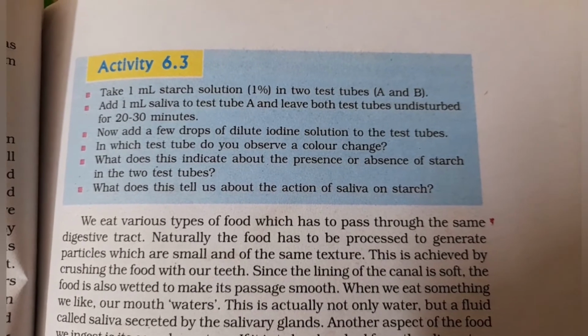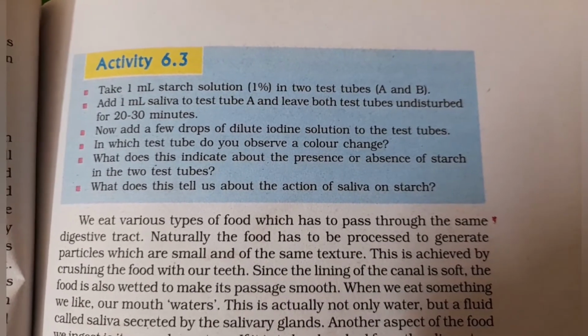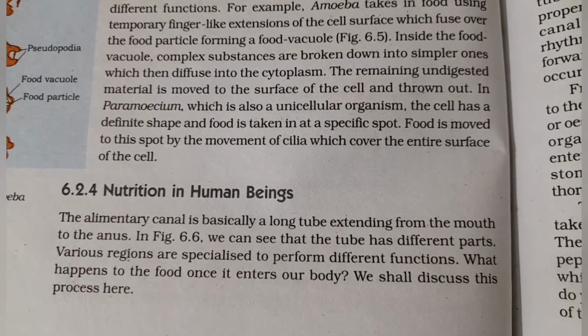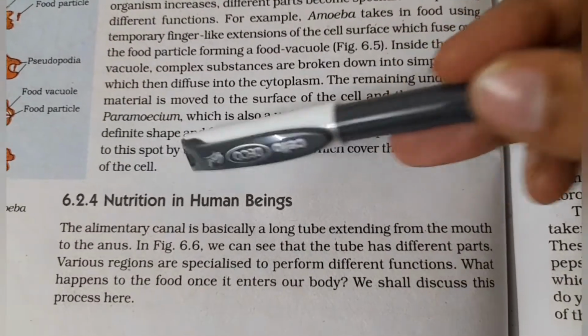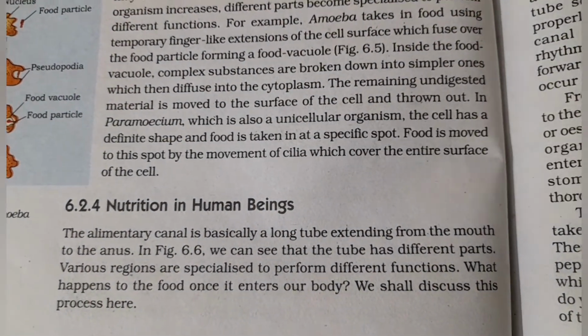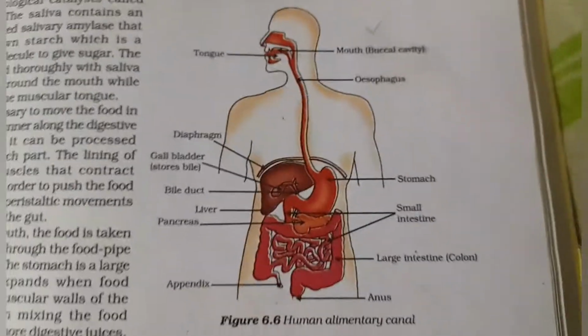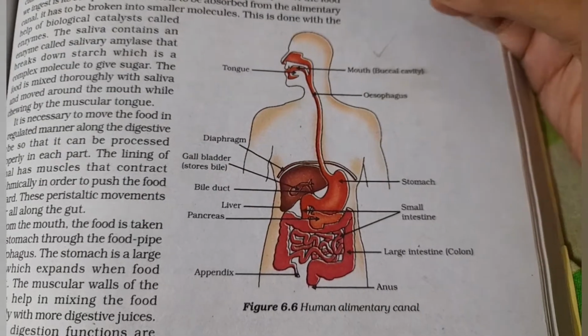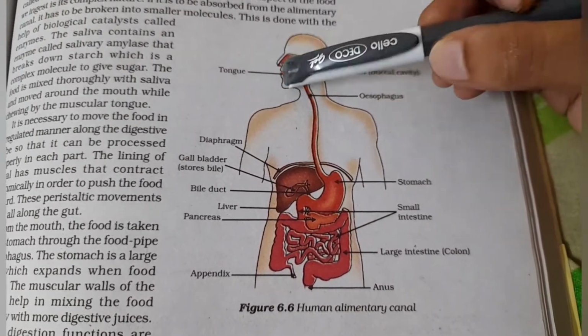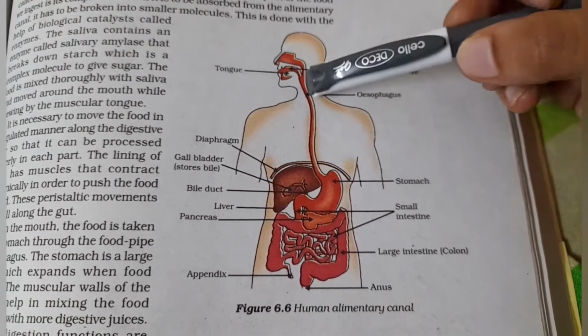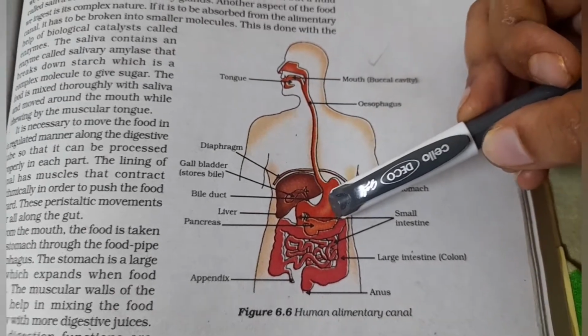Now let us go back to nutrition in human beings. The alimentary canal is basically a long tube extending from the mouth to the anus. As you can see here, this alimentary canal starts in the mouth and travels like this.